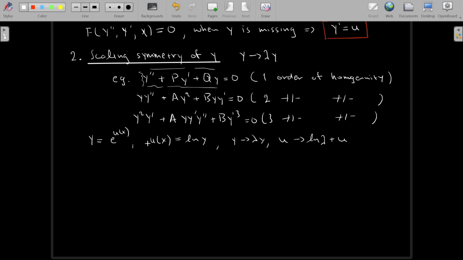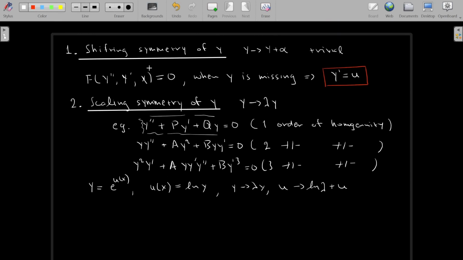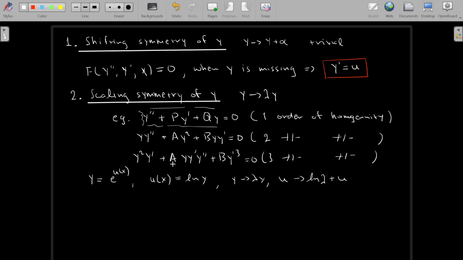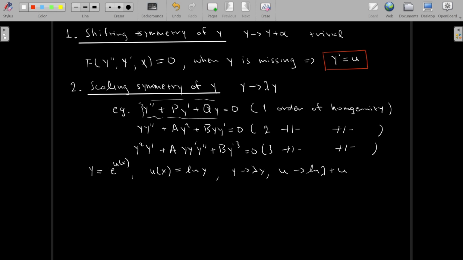So what we are doing here, we started by talking about shifting symmetry, and then scaling symmetry of the same variable. By a change of variable, we transform our current scaling symmetry to a shifting symmetry of the newly found variable, right?